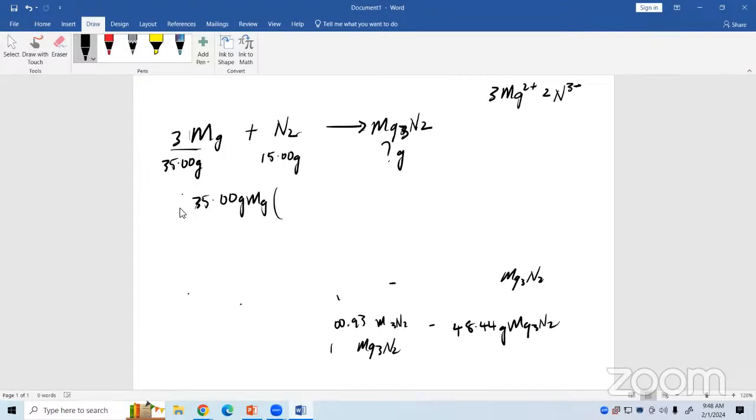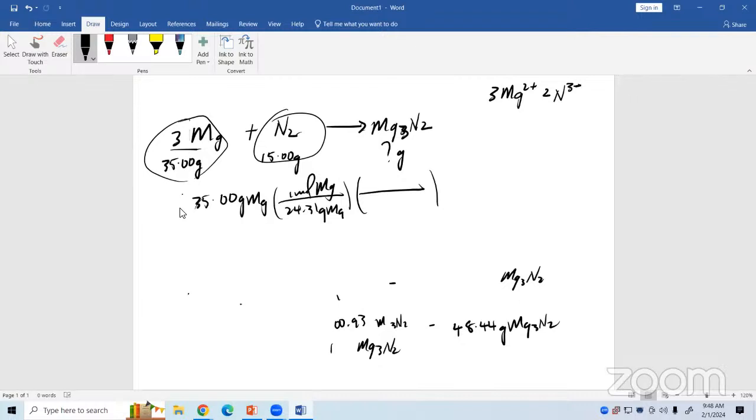I would convert that to moles. 1 mole over 24.31 grams of magnesium. And then now I would look at the mole ratio between the magnesium, which is the limiting reactant, and the nitrogen, which is the excess reactant. And that's a 1:3 mole ratio. So I'm going to have 1 mole of nitrogen above and 3 moles of magnesium below. And then the next step is, let me cancel out these here.